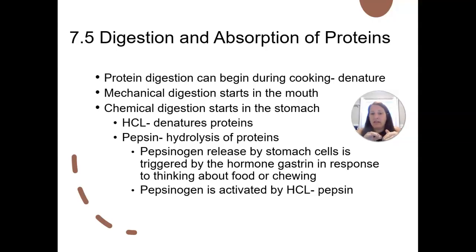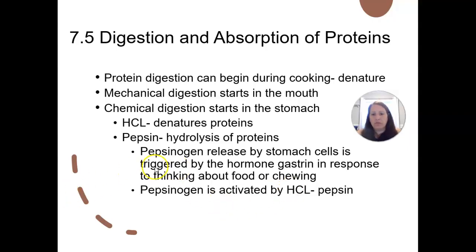Hydrolysis is the opposite of dehydration synthesis. Instead of building bonds, in hydrolysis we're breaking bonds. That requires water and an enzyme, and the enzyme in this case is pepsin. Pepsin breaks the peptide bonds between amino acids, creating smaller polypeptides, maybe dipeptides, and eventually single amino acids.